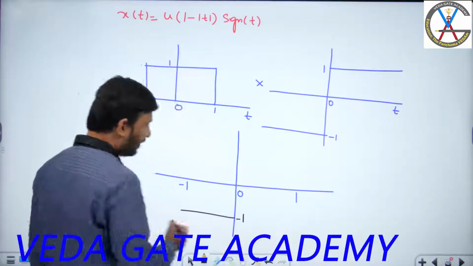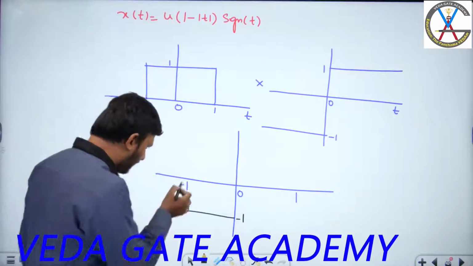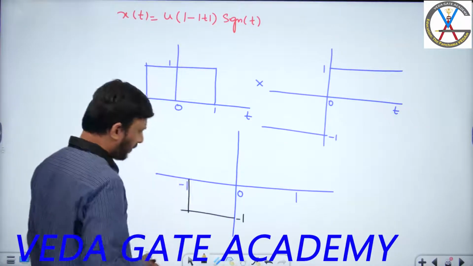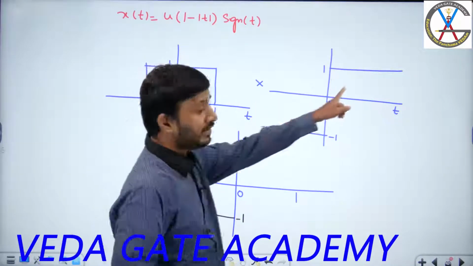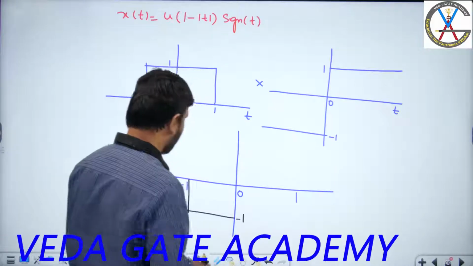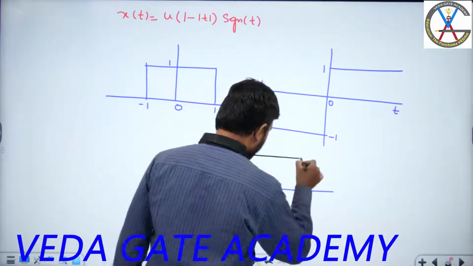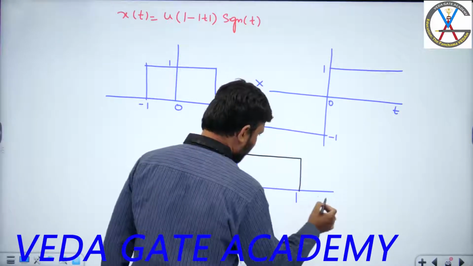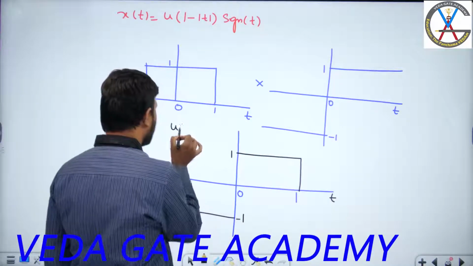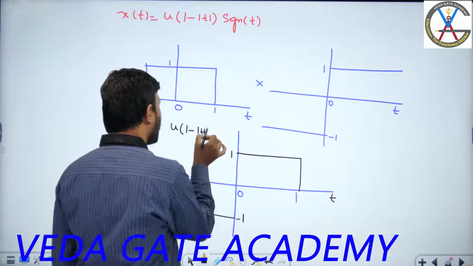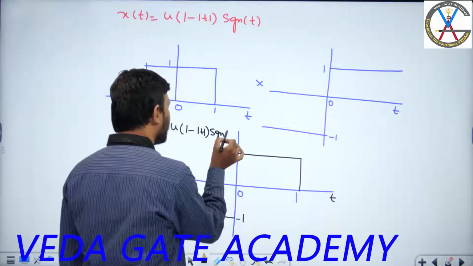And here you have to close the signal. And from 0 to 1, this value is 1, this value is also 1. 1 multiplied with 1 is 1. Close the signal. So this is u of 1 minus mod t multiplied with signum t.